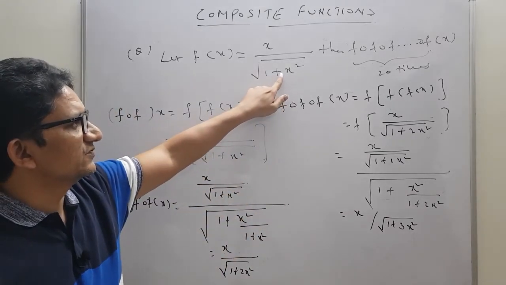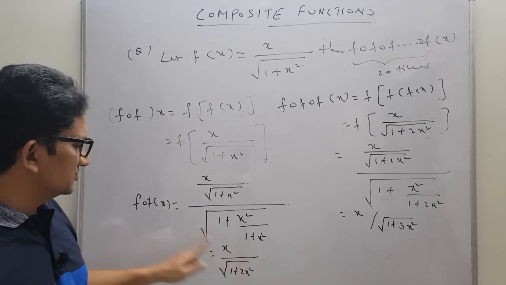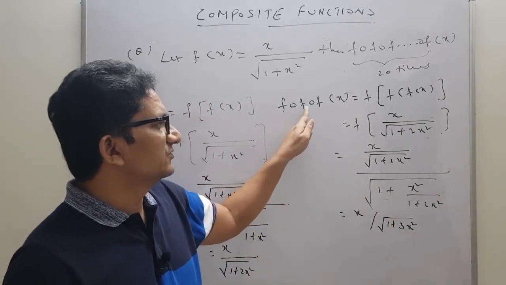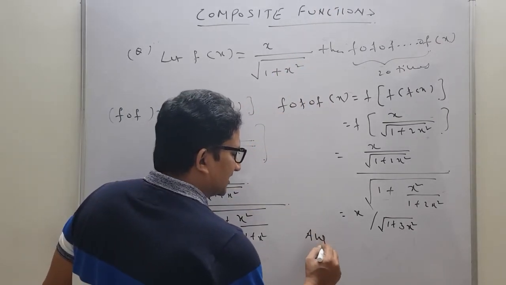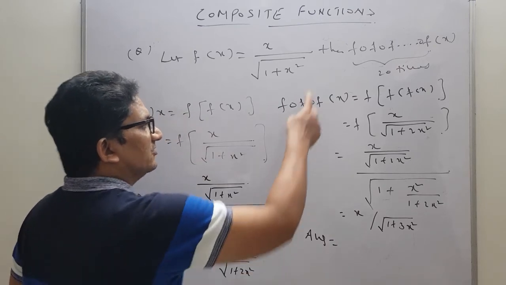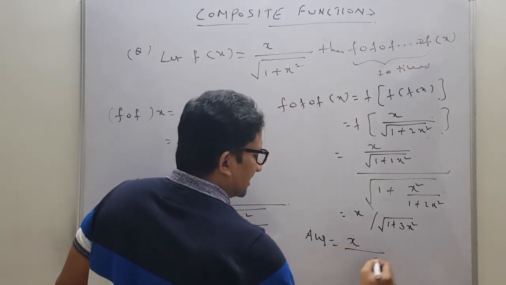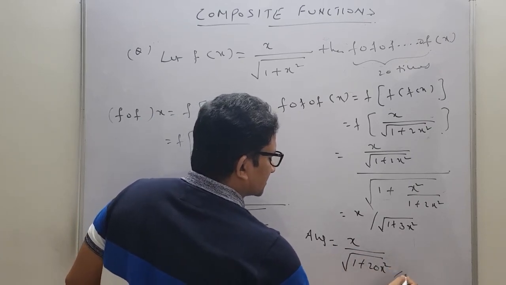The x square coefficient is 1 because there is only 1 f, it is 2 because there are 2 f's, and it is 3 because we have 3 f's. Now we can predict; I am writing just ANS, that is the final answer. The final answer: how many times is f repeating? 20 times. So the result is x divided by square root of 1 plus 20x square.